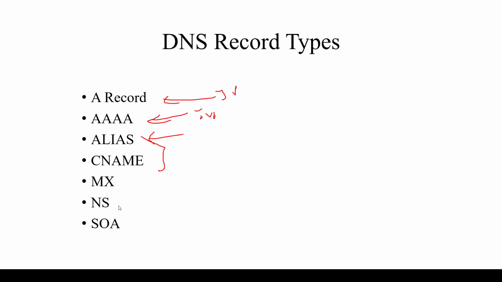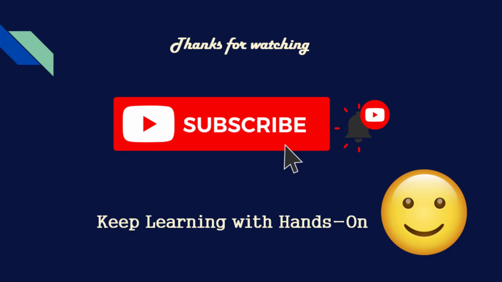Okay. Now the NS record, which I have already told you, is called the name server record. It is a special type of record which has the names of the servers where zones, domains or records are registered. And SOA is the start of authority record, a DNS record that contains the name of the server that holds all the information regarding records. So this is all about DNS. Okay, thank you so much.